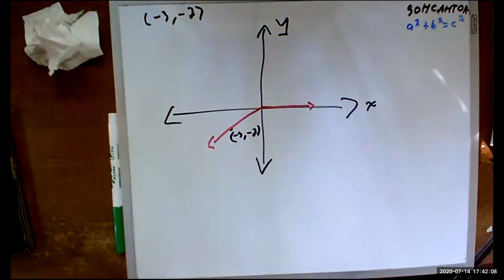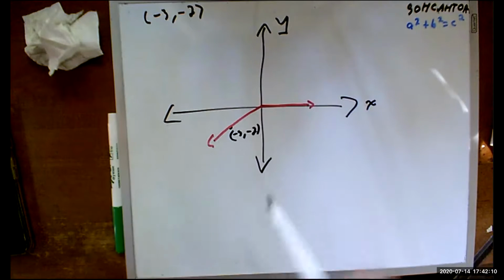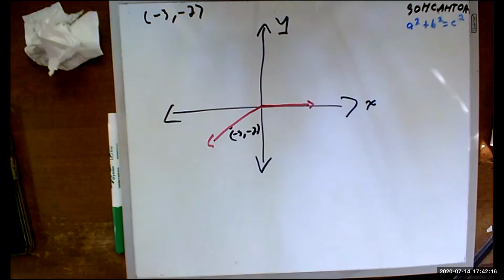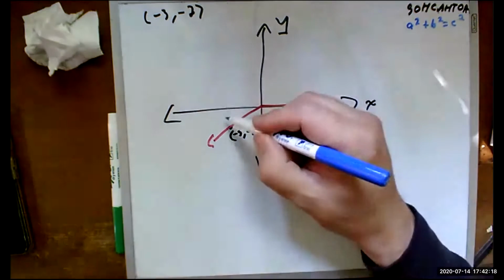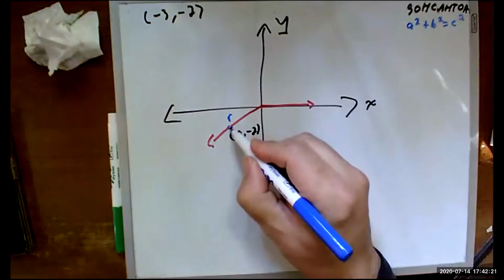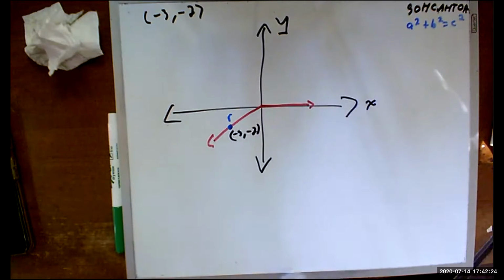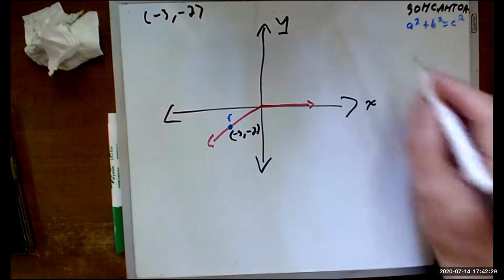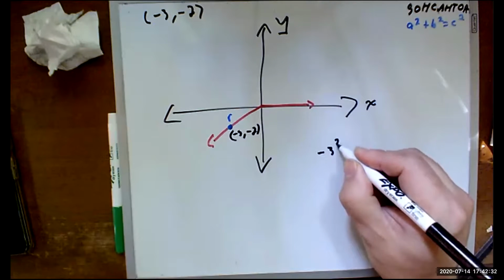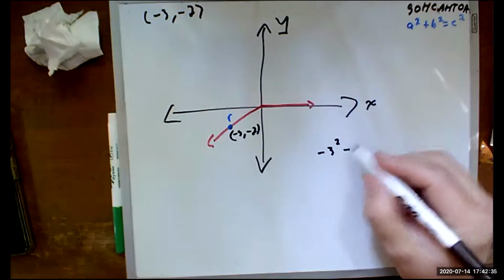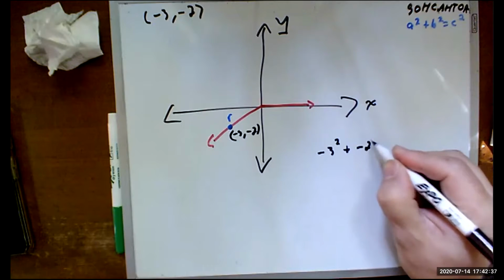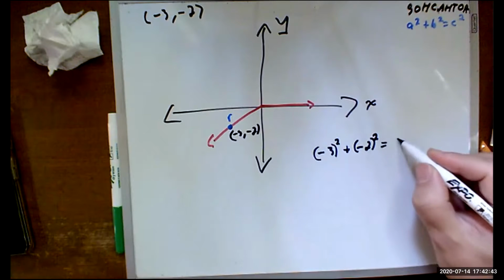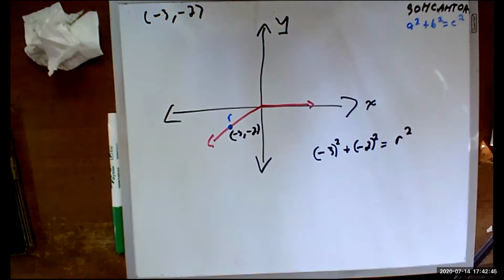In order to find that length, we go back to the rearrangement that I had given you earlier. I'm just going to show you how that rearrangement comes about. I'm going to throw down r on there to let you know that we're going to that point. Drawing from our Pythagorean theorem, I'm going to get (-3) squared plus (-2) squared. Let's stick these in brackets for clarity. And that should get us to our r squared.